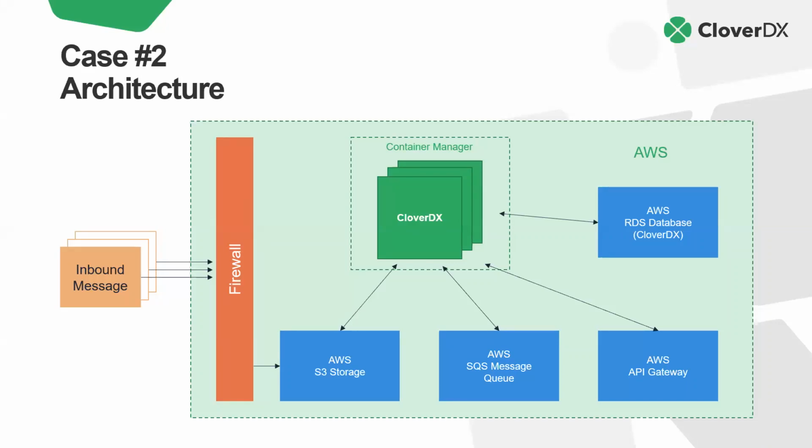So we can take those messages and put them on a separate AWS message queue, a priority queue, and then spin up yet another ETL engine from the container manager and have it as the dedicated ETL processor to handle that queue.